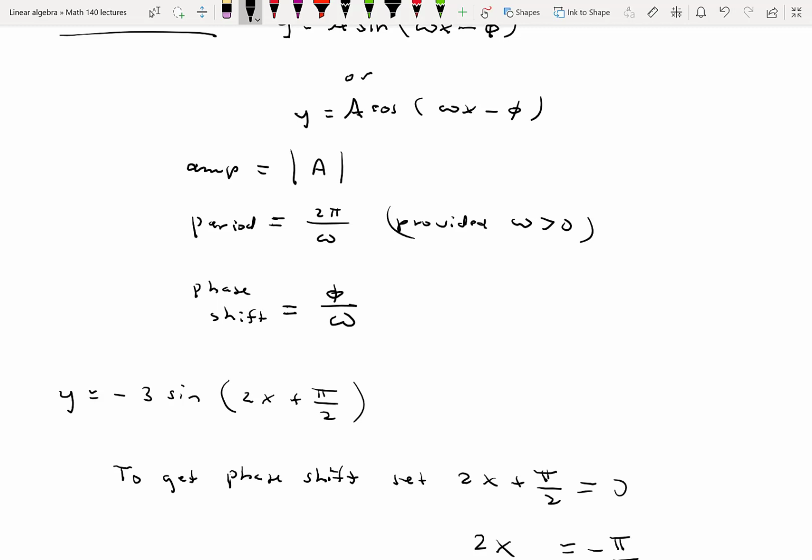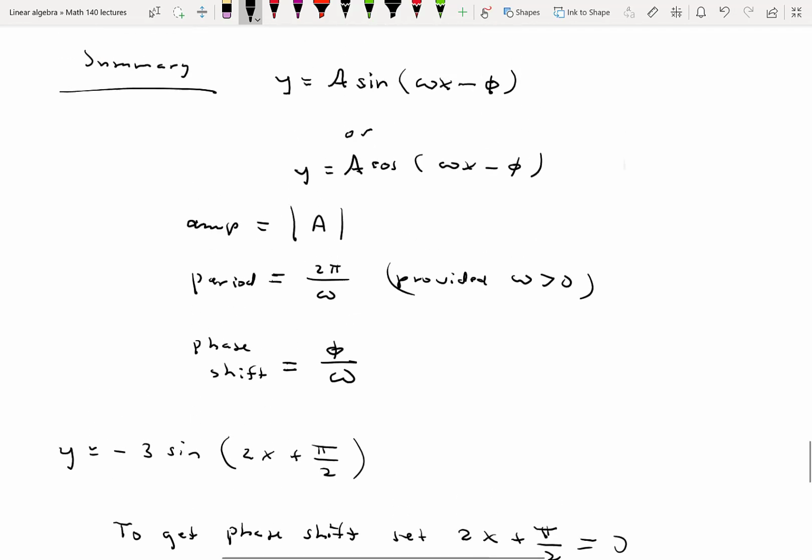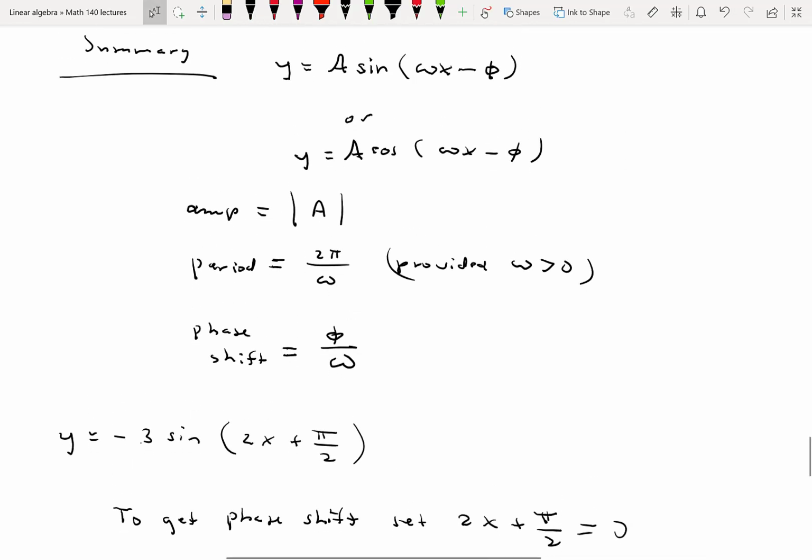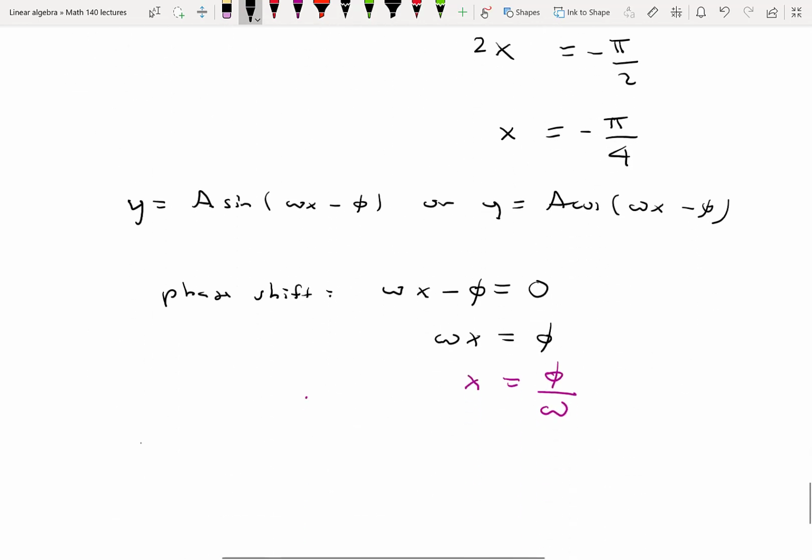Now keep in mind, for that to be phi over omega, the equation has to start with omega x minus phi.